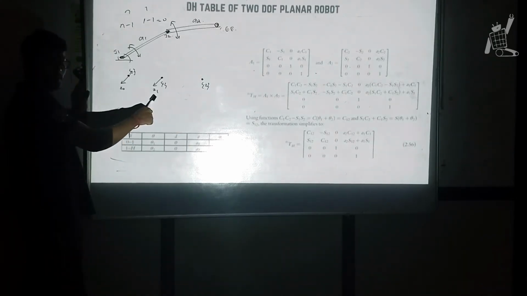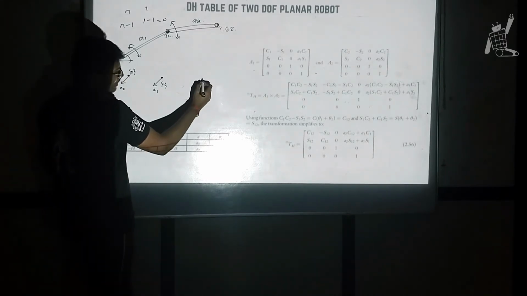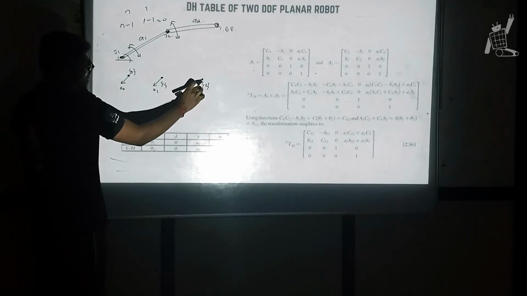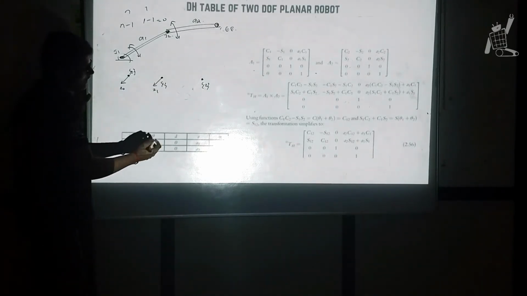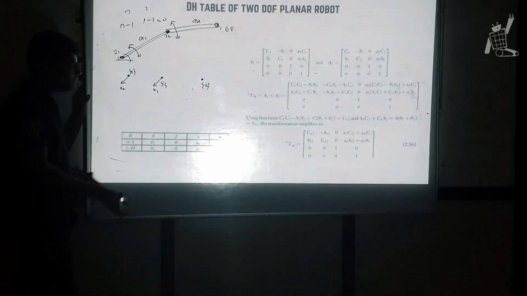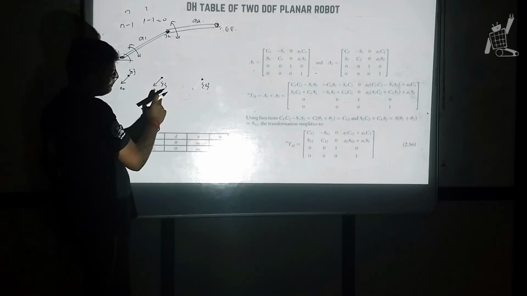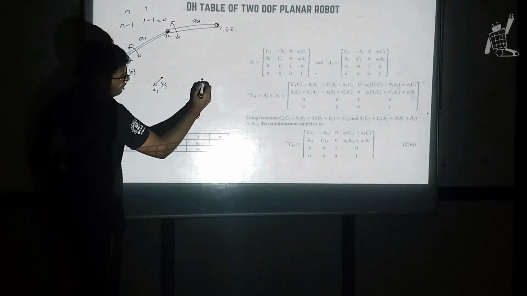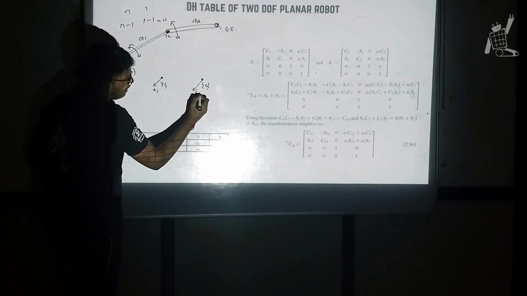For the end effector, which is not a joint, the direction of the Z axis will be the same as its previous joint, so out of the board.